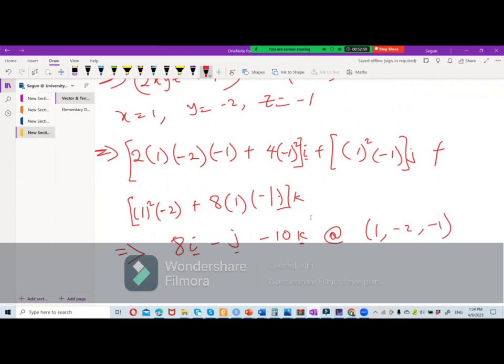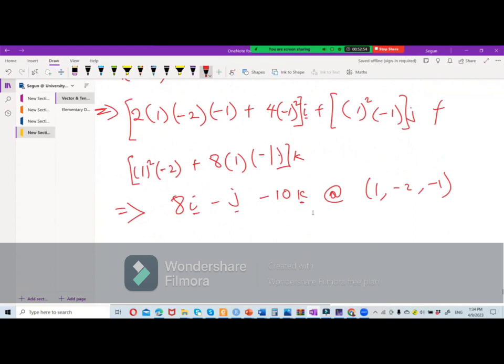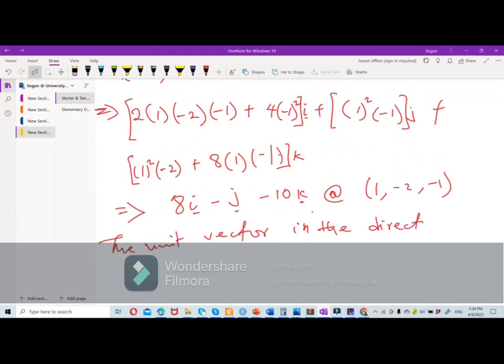Now, we need to calculate the unit vector in the direction. Remember, we are given a direction of 2i minus j minus 2k.